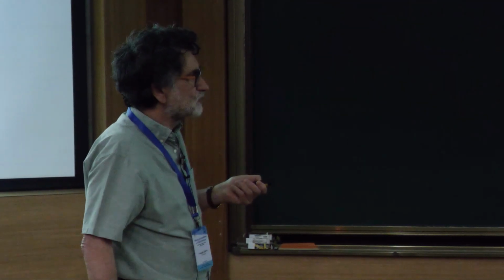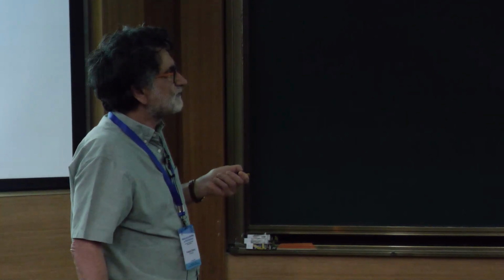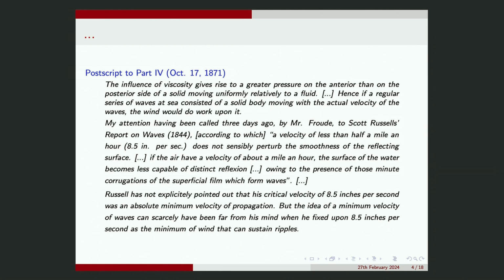Here, I won't read the details, but Kelvin explains that he understood the importance of the minimum velocity, with a remark by Froude to Scott Russell: a velocity of less than half a mile an hour does not perturb sensibly the smoothness of the reflective surface.